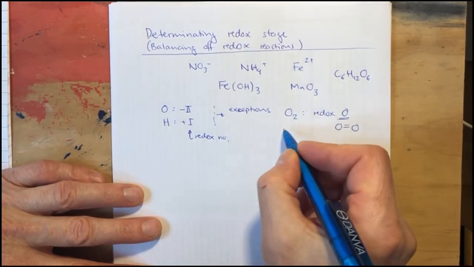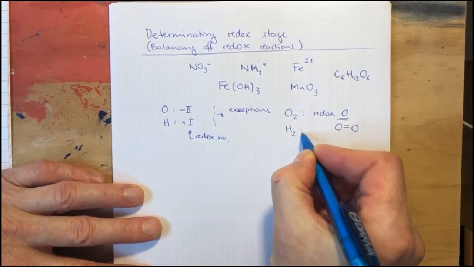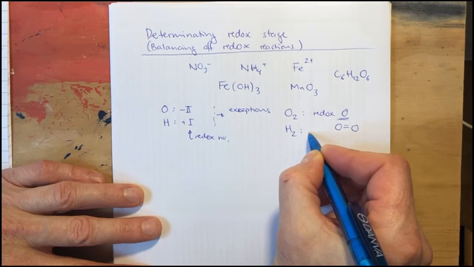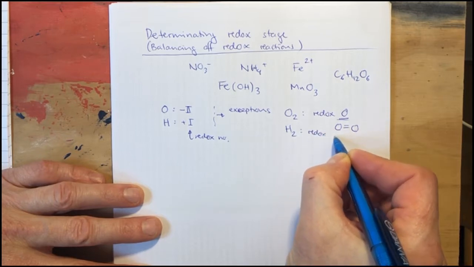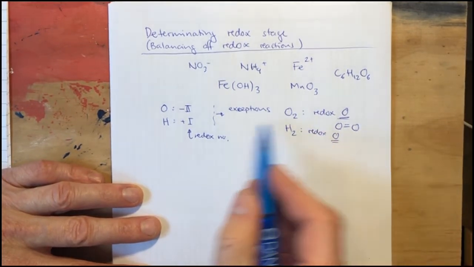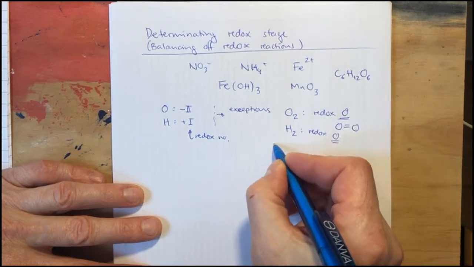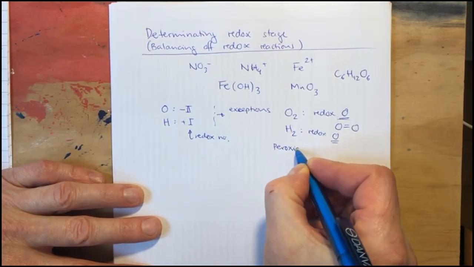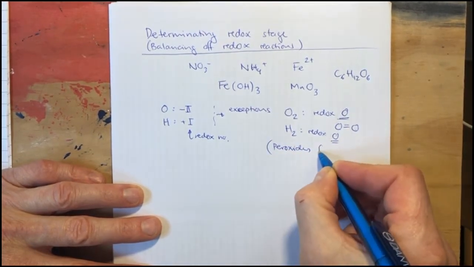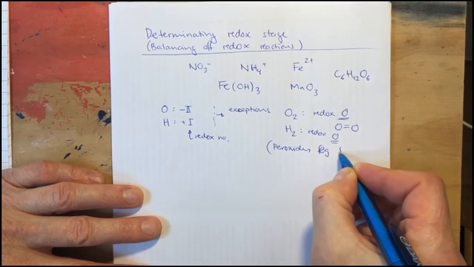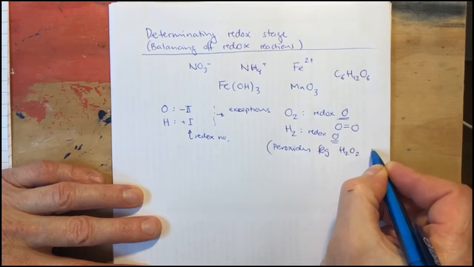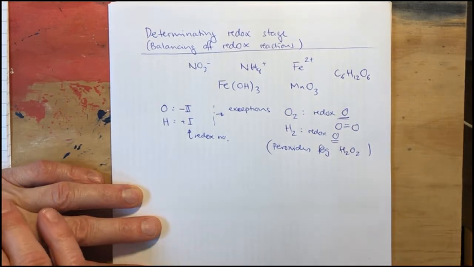And then hydrogen, for instance, here also has the redox number 0. But in all other components, except for what are called peroxides, for instance H2O2, things don't add up here.